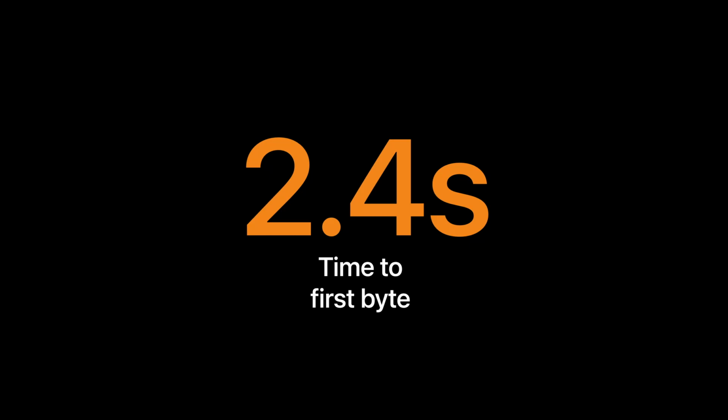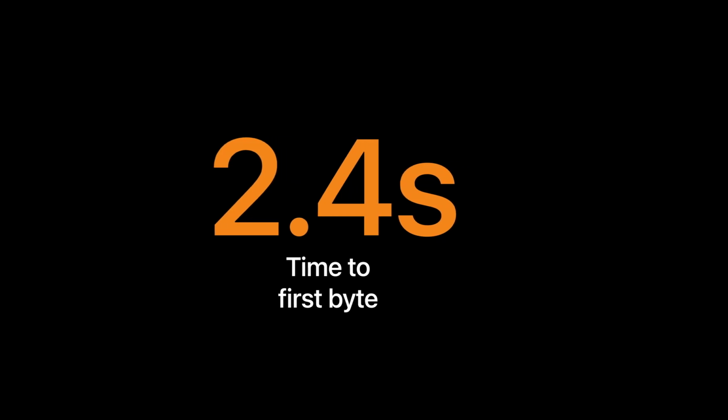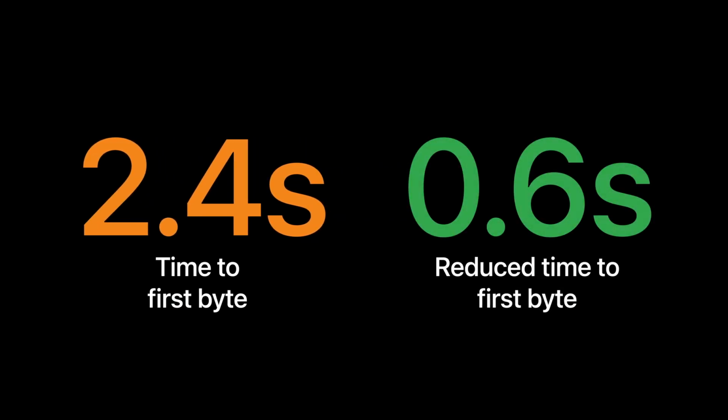That's a huge amount of time to wait and stare at the network spinner. By adopting the modern networking protocols, you can reduce that time to first byte from 2.4 seconds to about half a second. The user will definitely notice the difference when the data arrives a whole second and a half earlier.